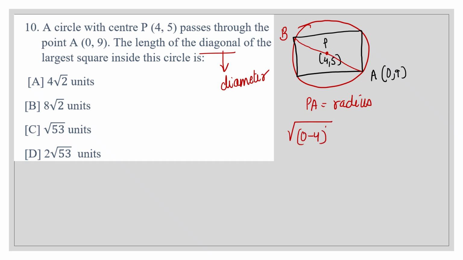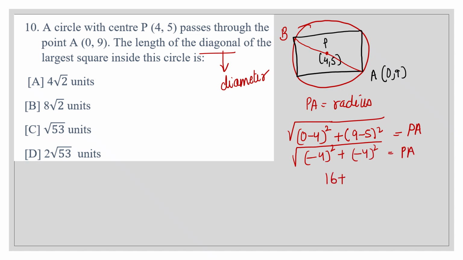x2 minus x1 whole square plus y2 minus y1 whole square is your PA square. Only PA, I've already sent the root to the other side. So this is negative 4 square plus 9 minus 5, negative 4 square.